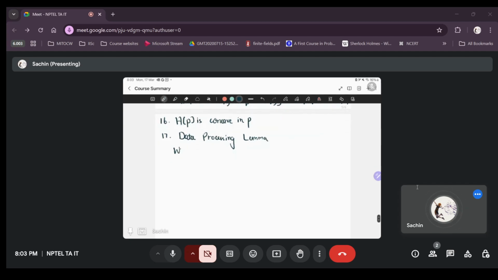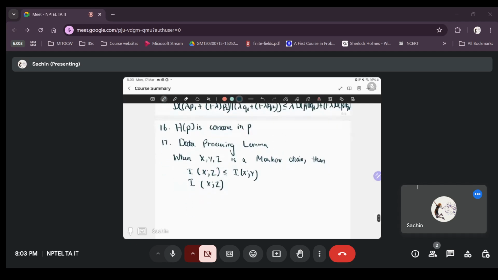It says when X, Y, Z is a Markov chain, then I(X;Z) is less than or equal to I(X;Y), and I(X;Z) is less than or equal to I(Y;Z).